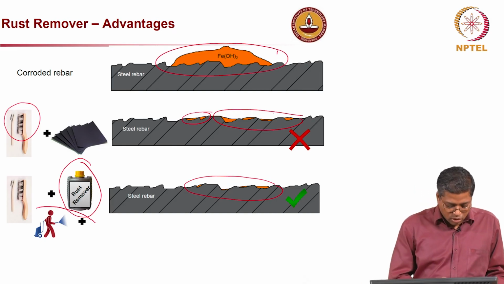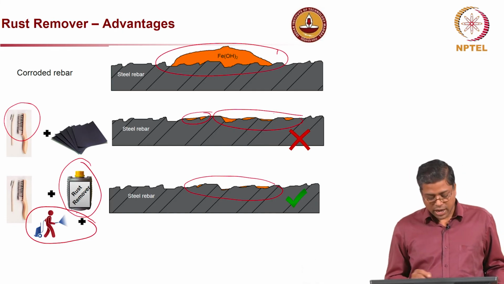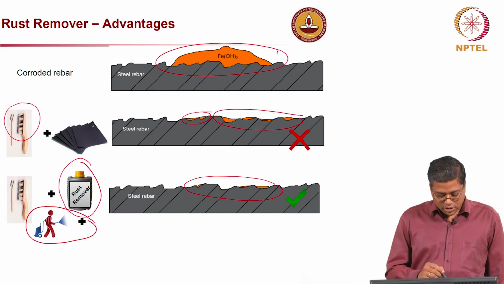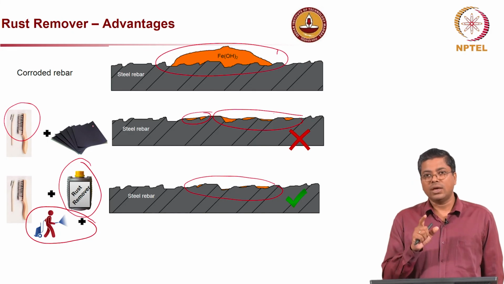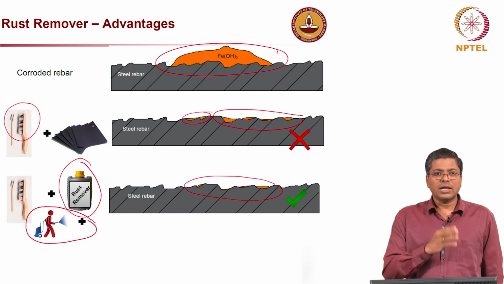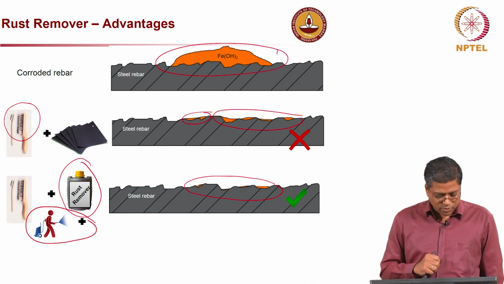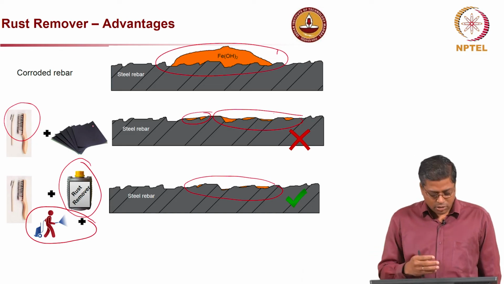You can also go for these water jets, which will help much better than just using emery paper. But the choice of water jet or rust remover will depend on the amount of repair work. If it is a small region, getting a water jet might be very difficult, nobody would even come to do the work, because it is expensive to come out.